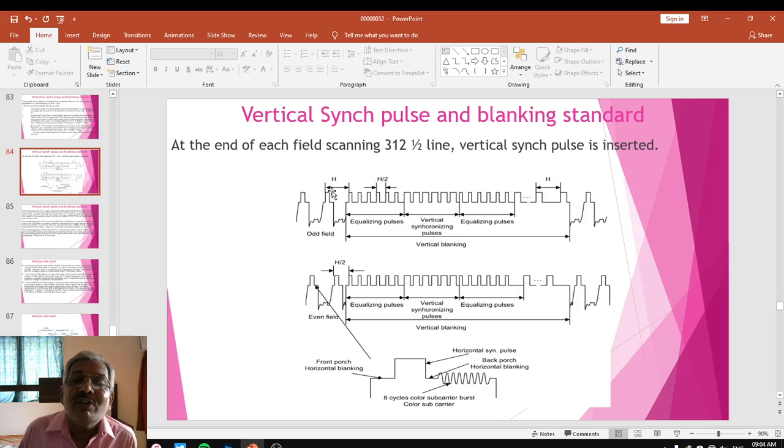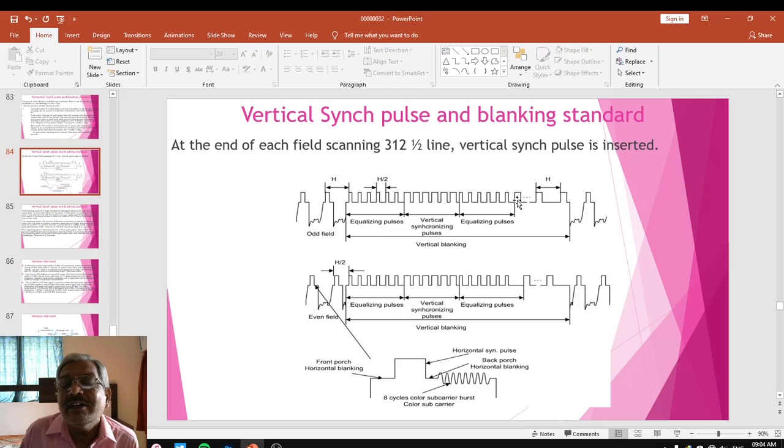These are called vertical sync pulse and the blanking pulses. This consists of equalizing pulses. These are called pre-equalizing pulses. Then these are the serrated pulses or vertical sync pulses, and then these are called post-equalizing pulses.